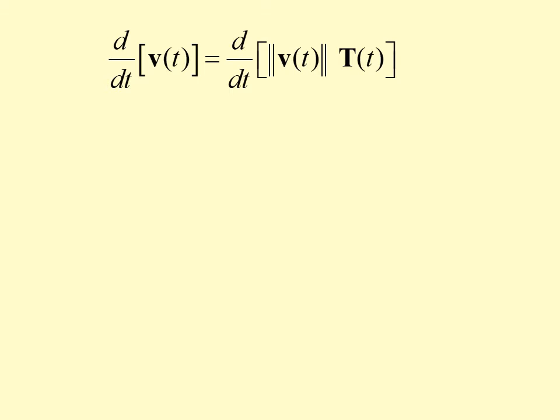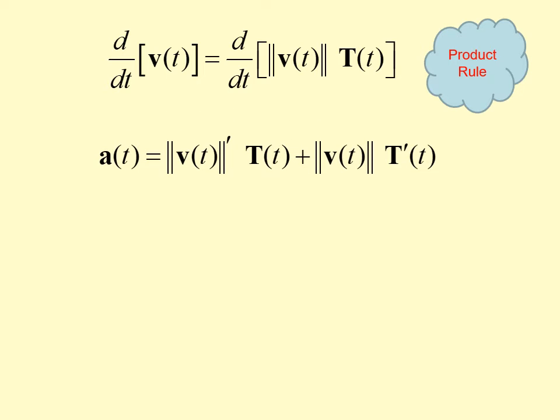So by the product rule, we would have the derivative of the magnitude of v times the unit tangent vector plus the magnitude of v times the derivative of the unit tangent vector. And it's a lot of work too, so we're going to simplify this some more.